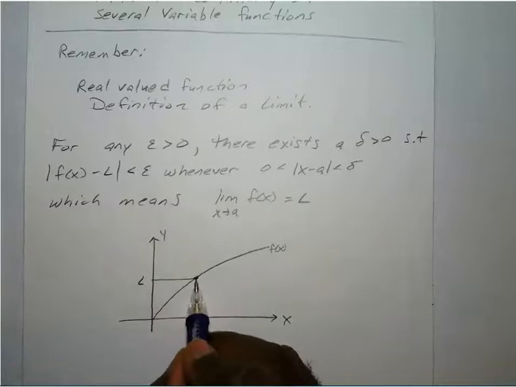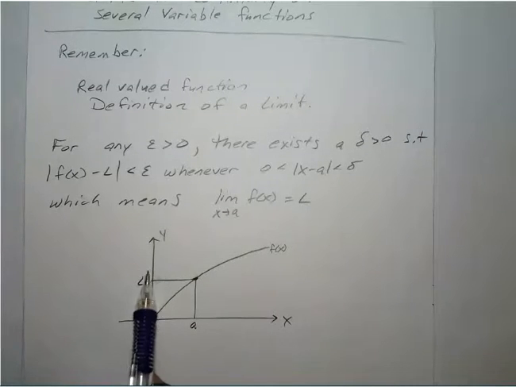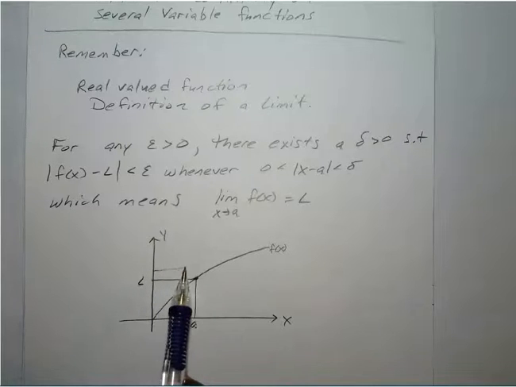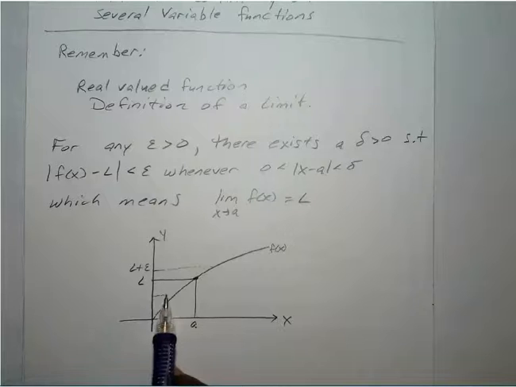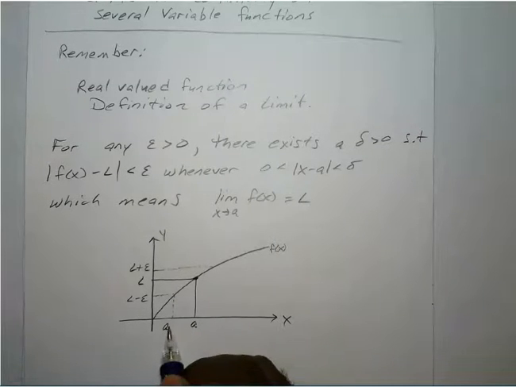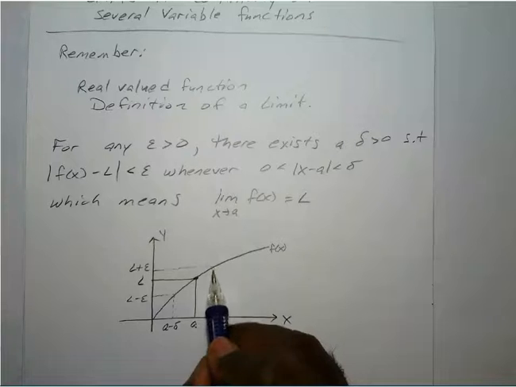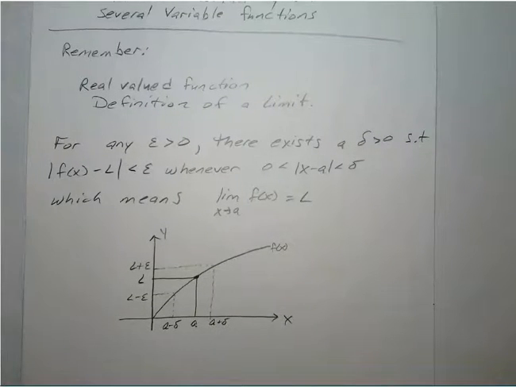This is our limit when x is equal to a. So let's say this is L plus our epsilon, and this is our limit minus some value epsilon. And this value here is our a minus some small value delta, and this is a plus some value delta.